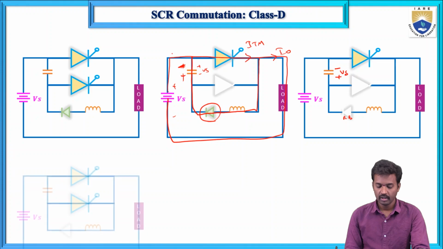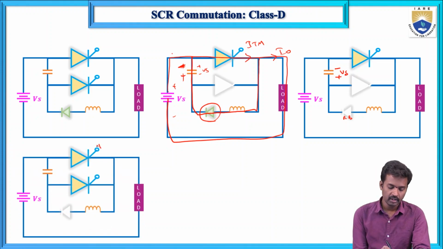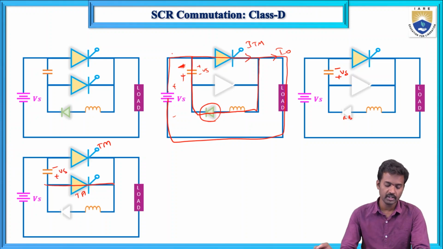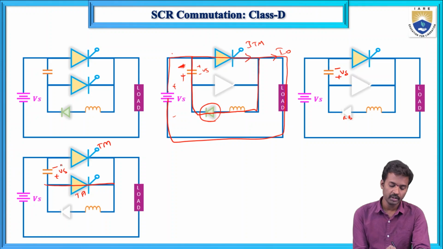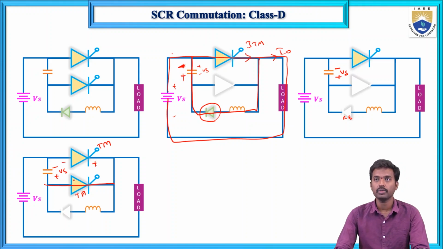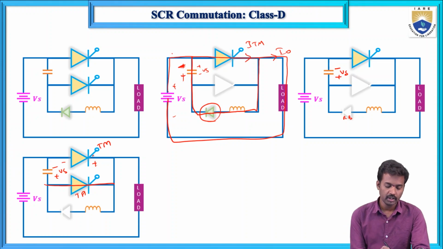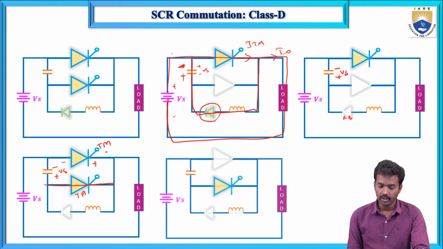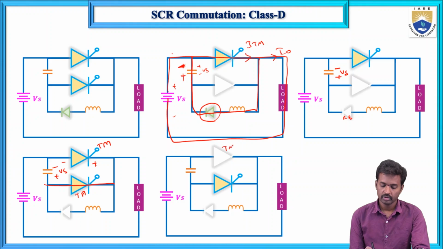Now fire this TA, this is TM, and this is minus and this is plus Vs. What will happen? It acts as a short circuit, and we are applying the negative potential to the main thyristor TM. So now this TM will be off. The main thyristor will be off.